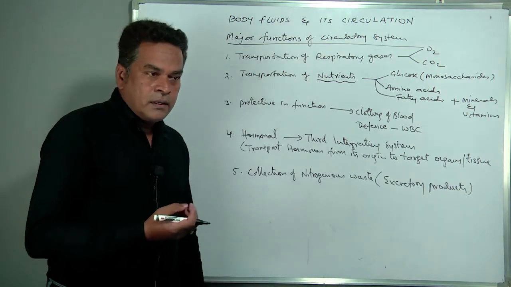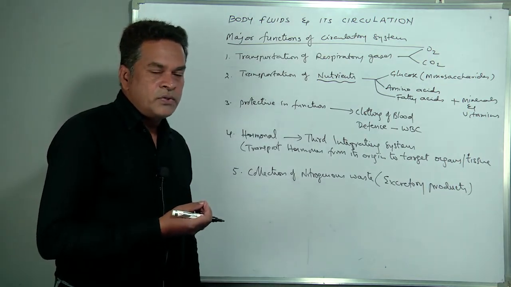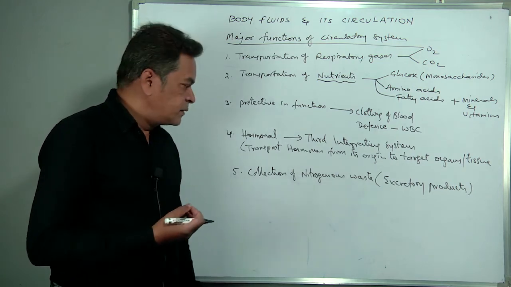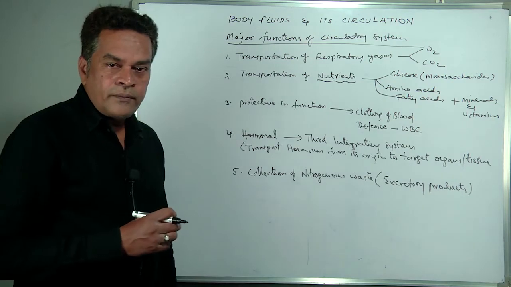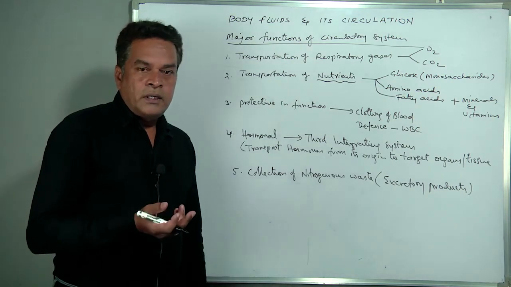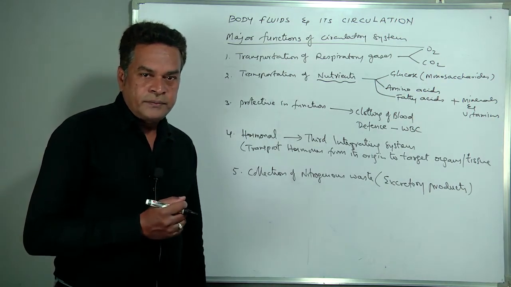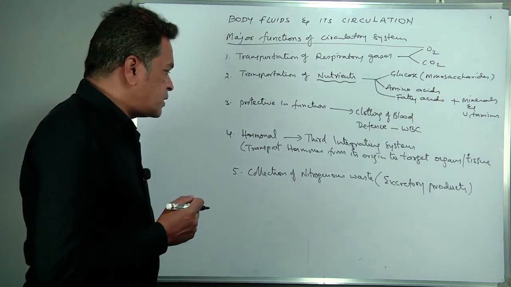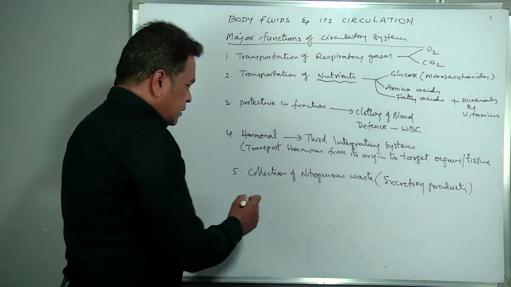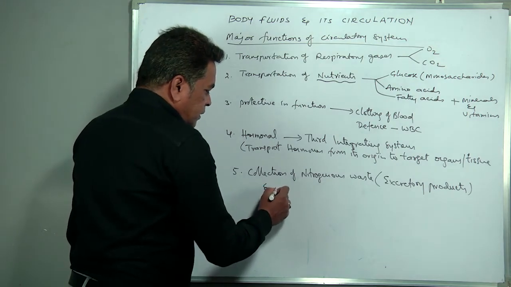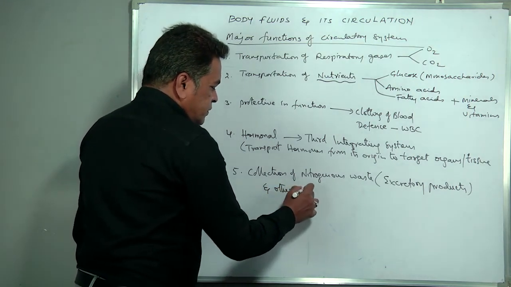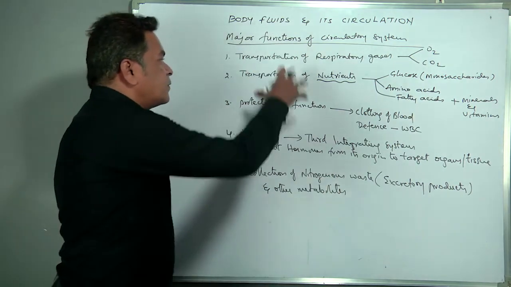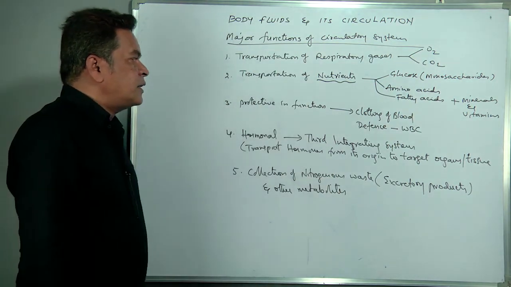Here urea is produced in the liver, and this will be collected through the blood and handed over to the kidneys to eliminate. So collection of nitrogenous waste and other metabolites. So these are the very important functions of the circulatory system.